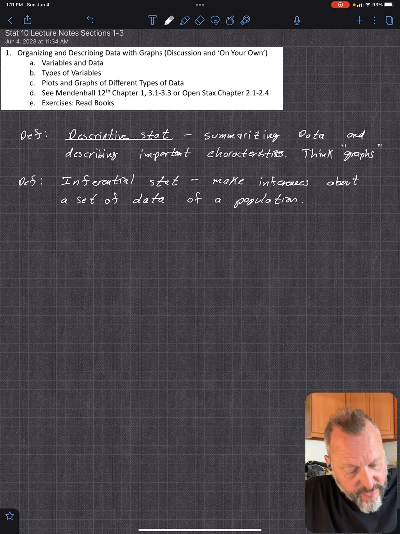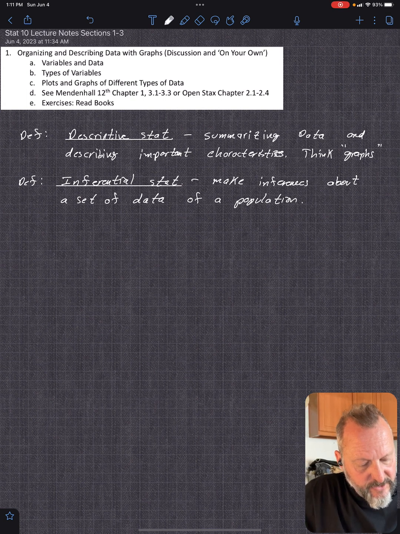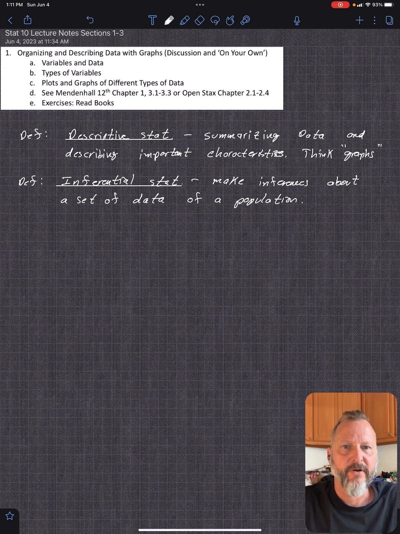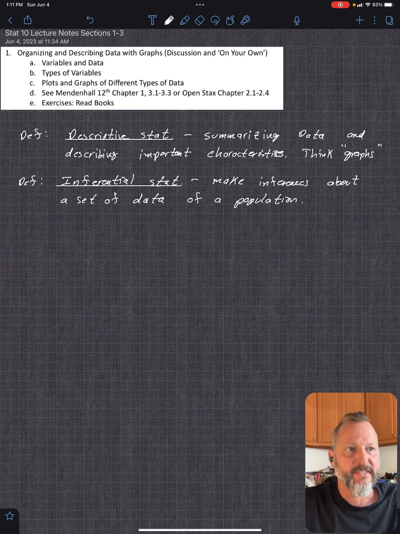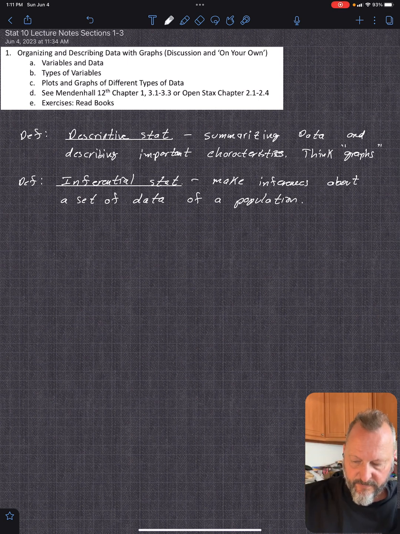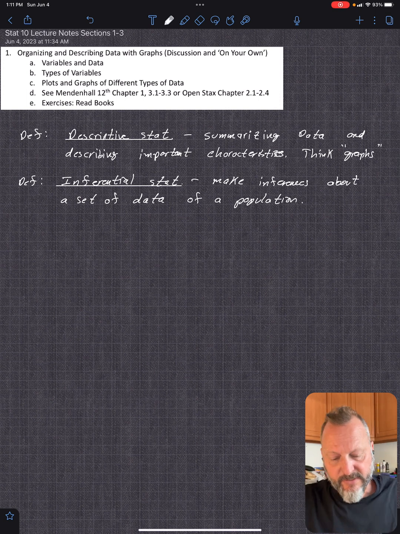So that's inferential. So that's when you will be able to say you are 90% confident that most people say this in that population. So that's what that means. And that we get to later, those different concepts.